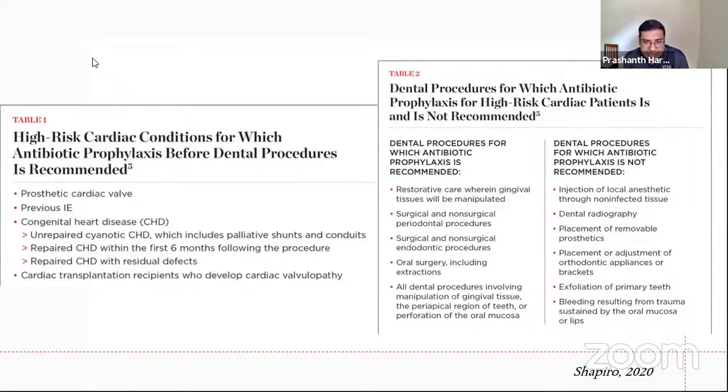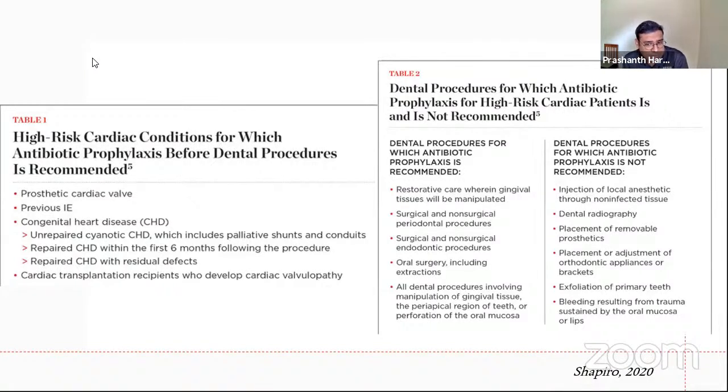Especially for cardiac patients, the recommended prophylaxis would be when you're performing restorative care. It has to be very clear: restorative care when you're doing a gingival manipulation. For example, if you're doing a class 1 cavity prep without a rubber dam, you technically don't need to prescribe an antibiotic for that particular patient.